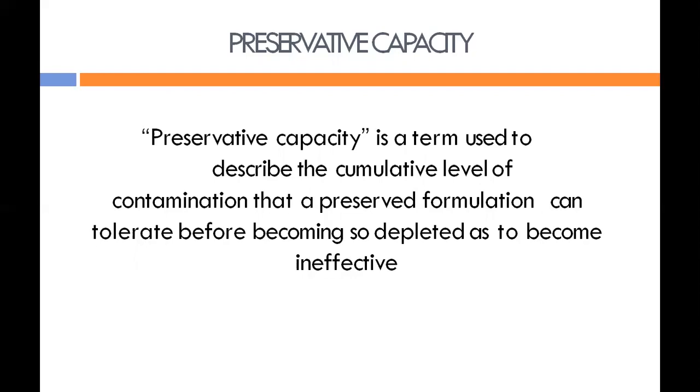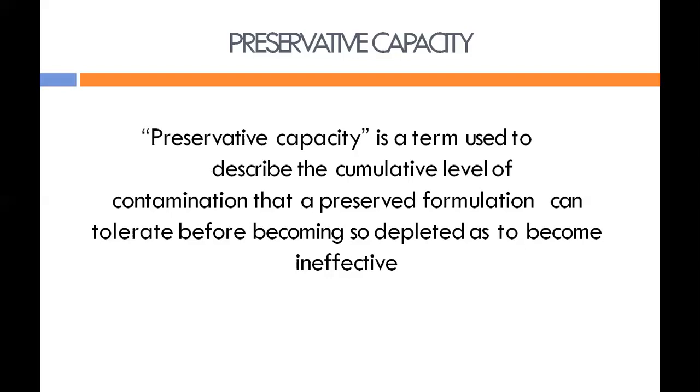There are fixed concentrations at which preservatives can be added in the formulation. So if you add a higher concentration, it will definitely be able to fight against a higher level of contamination, but that much high amount is not desirable in the formulation, because preservatives, for example those acting by antimicrobial action, can be toxic above a certain level of concentration.